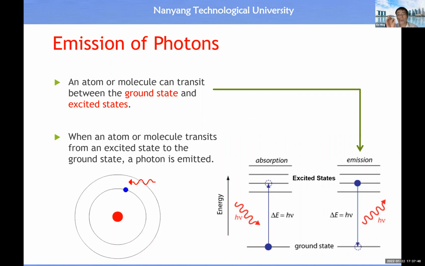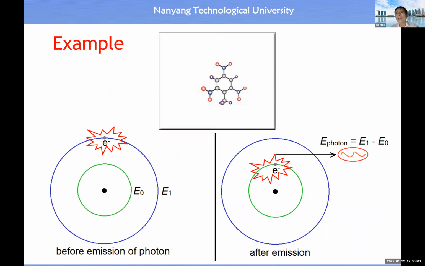Okay. So due to this photoelectric effect, we can emit light or use light to release the electron in order to produce a current. All right. So this is a physical phenomenon, and this is the origin of emission of light. Then here is one more example.